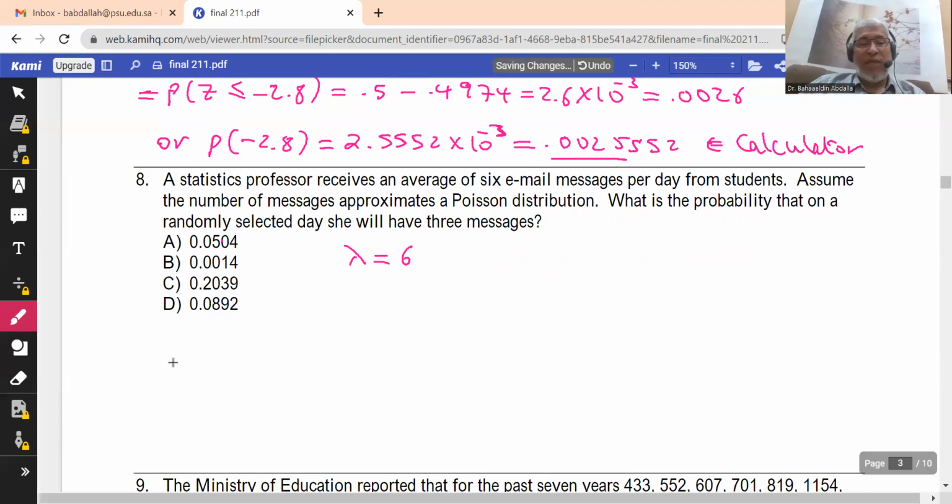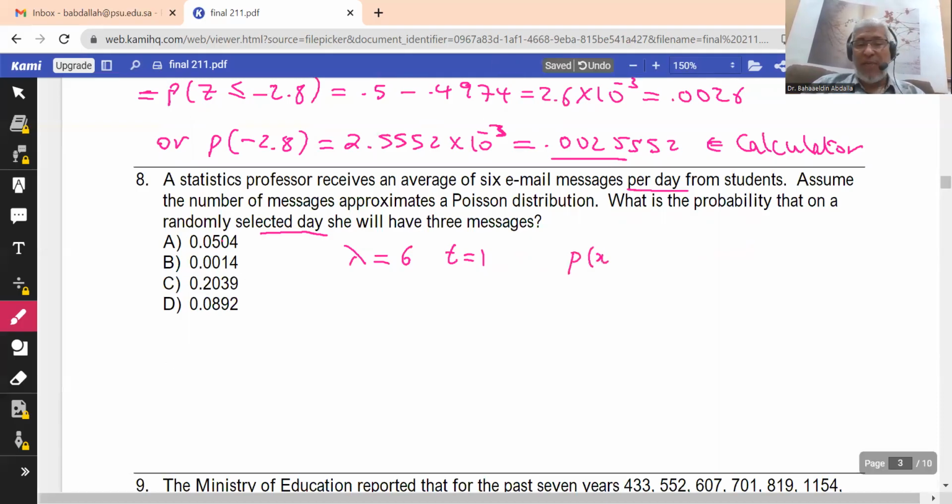What is the probability that on a randomly selected day, so this is 6 emails per day, so the segment is day, and here selected day, so t, the number of segments, is 1. What is the probability that she will have 3 messages? So we need to find the probability of 3.